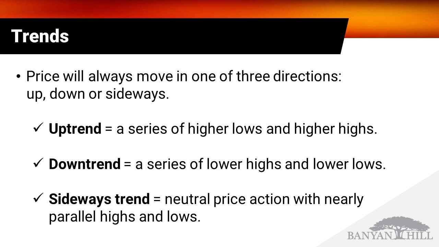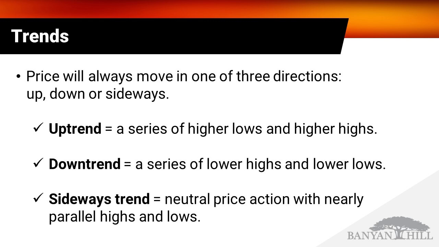The idea of a trend is pretty well understood, but what may not be as well understood is the fact that there are three types of trend. There's an uptrend, a downtrend, and a sideways trend. Now, this is very important to remember because studies show stocks spend about 2/3 of their time on average in sideways trends.